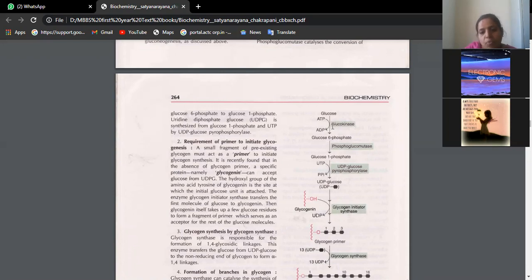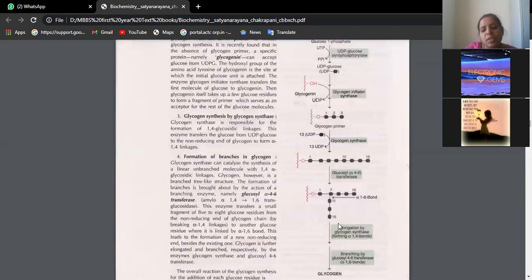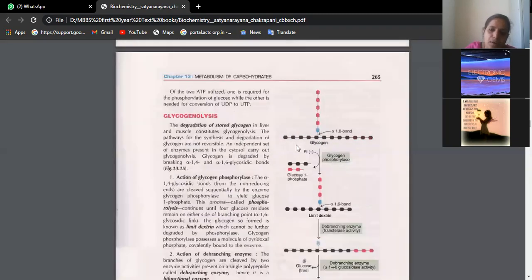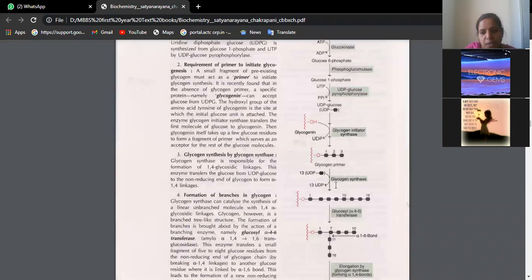Now for glycogenesis, I want you to memorize this cycle, and also for glycogenolysis. See the long chain of glycogen. The black hexagons indicate glucose molecules, and the blue and red ones are also glucose molecules. In the straight chain, the linkages are alpha 1,4 glycosidic linkages.